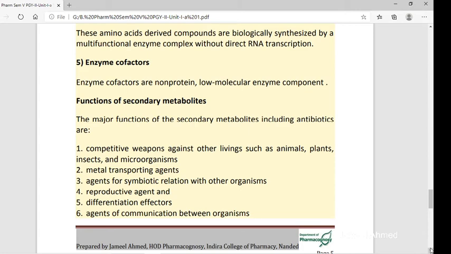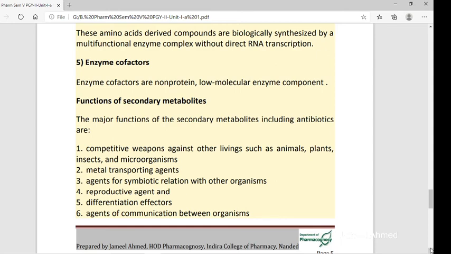Then, secondary metabolites are metal transporting agents. They are agents for symbiotic relations with other organisms also.